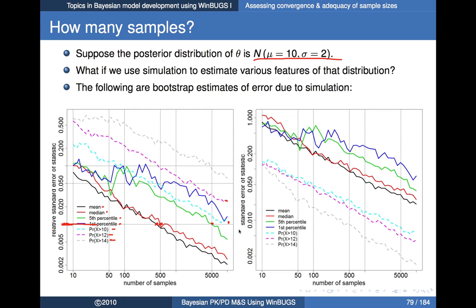So for example, let's say you're doing a clinical trial, you're going to analyze it using a Bayesian method, and let's say you're going to stop the trial if the posterior probability of success, however that success is measured for the given treatment, is say less than 5%.